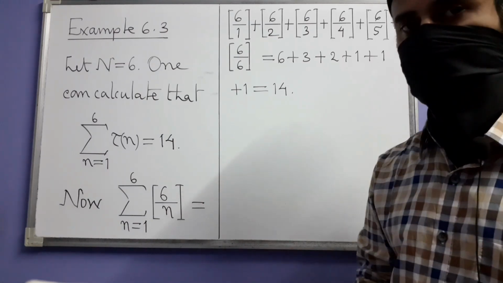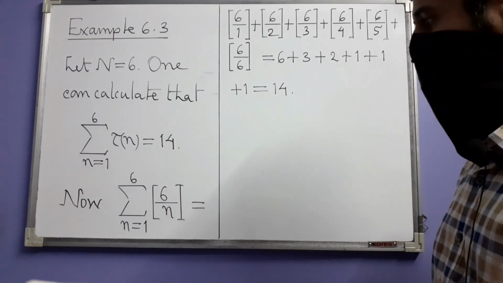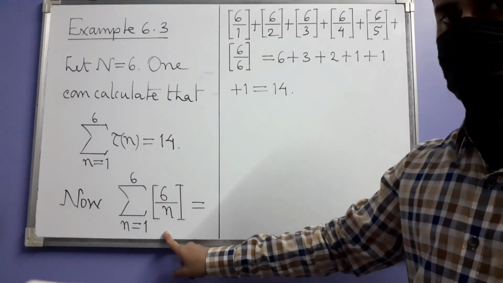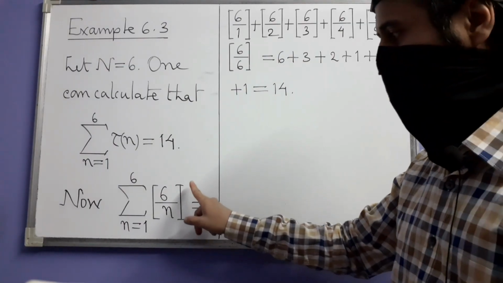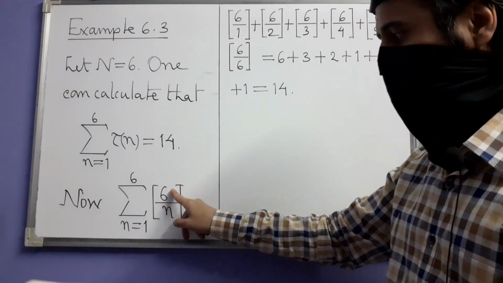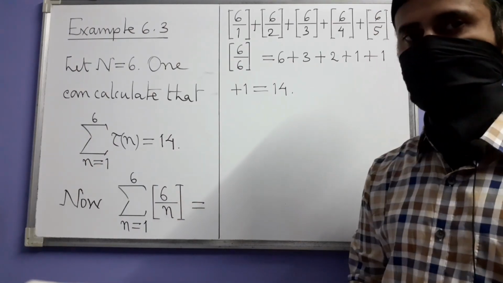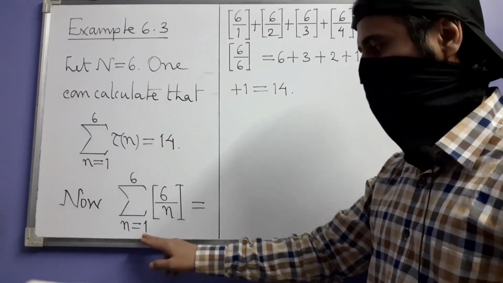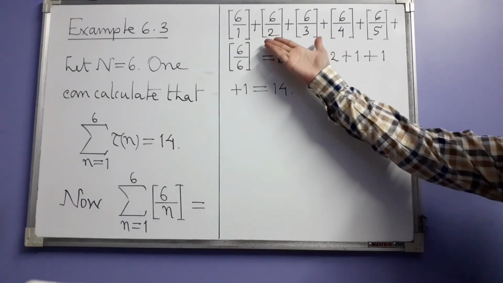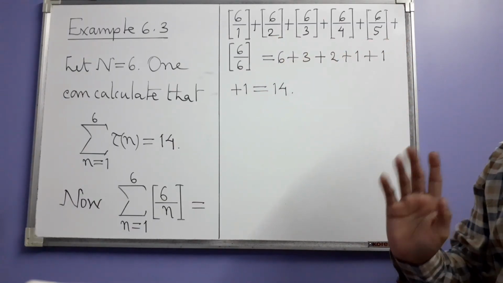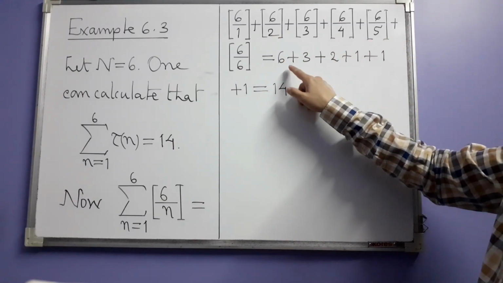It should be 14. On the other hand, we also have this sum, where the general term is the greatest integer value of 6 divided by n, and in the sum n varies from 1 to 6, which of course is this sum. Now let's see the calculation.